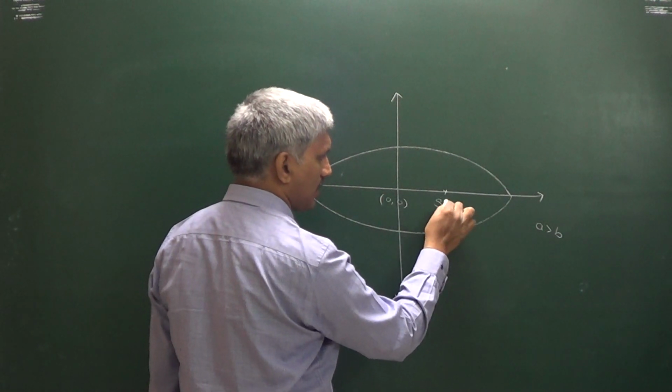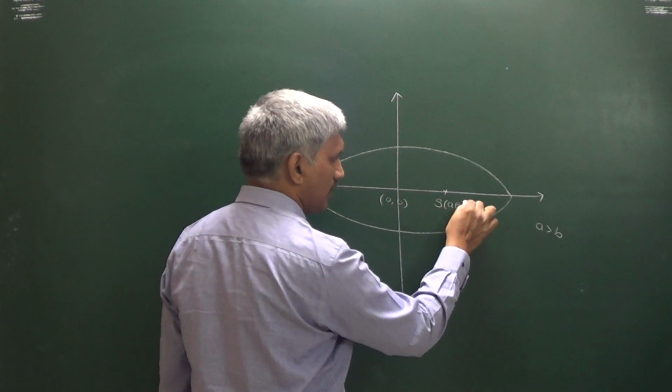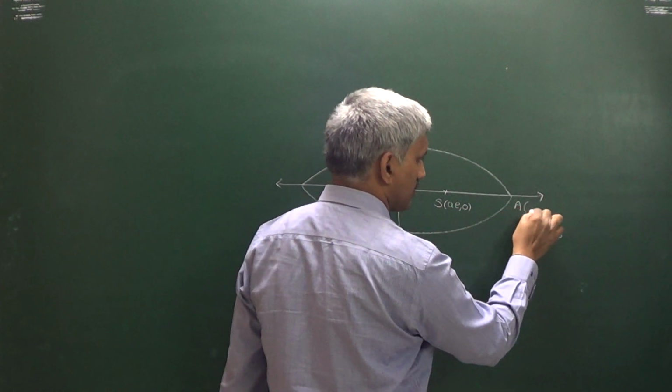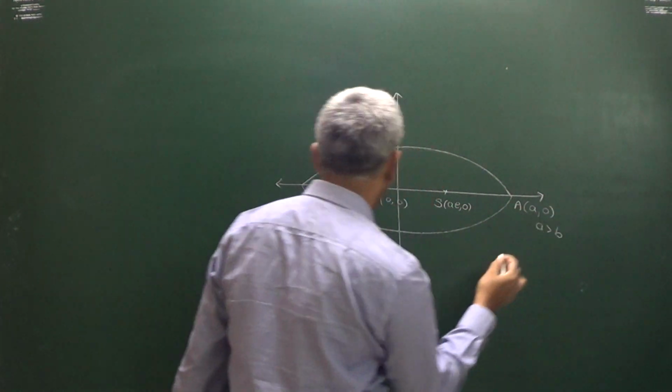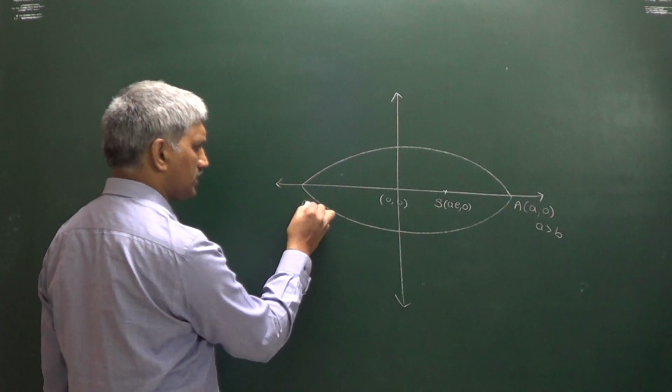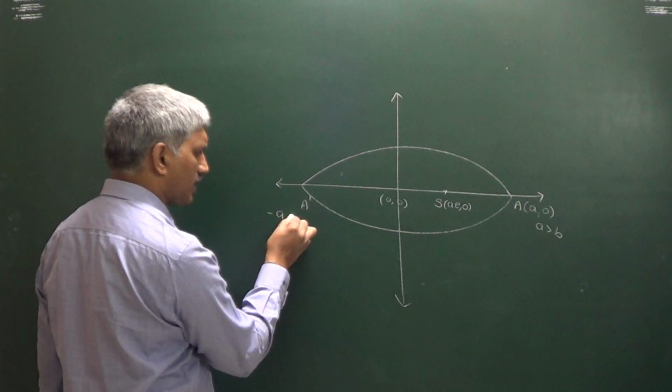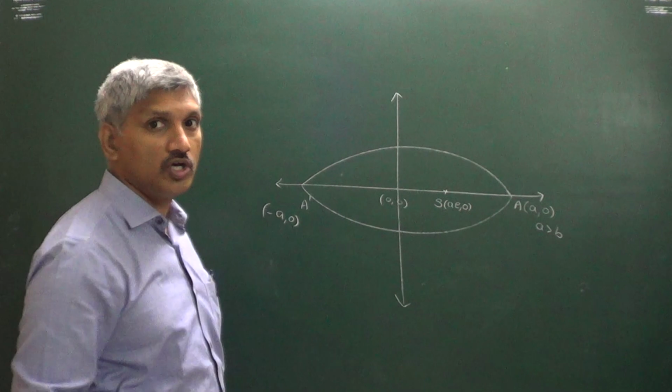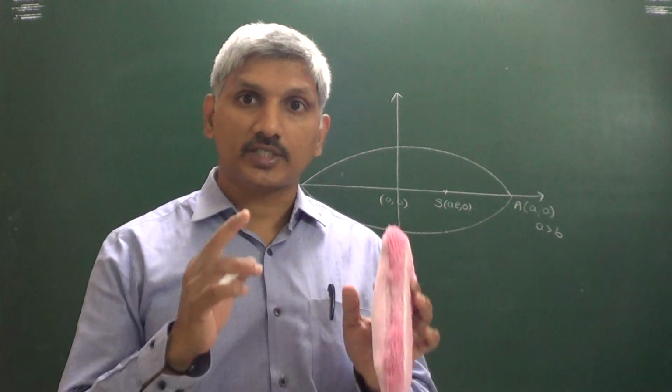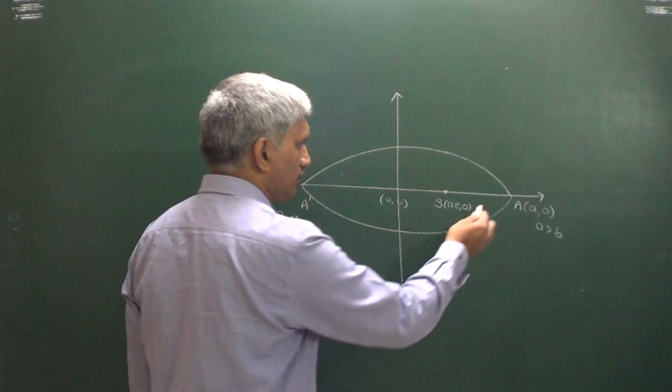Focus (ae, 0) is one focus, and this is the vertex (a, 0), and this is another vertex, let us say A dash (-a, 0). Now we got the auxiliary circle equation as x square plus y square equals a square.